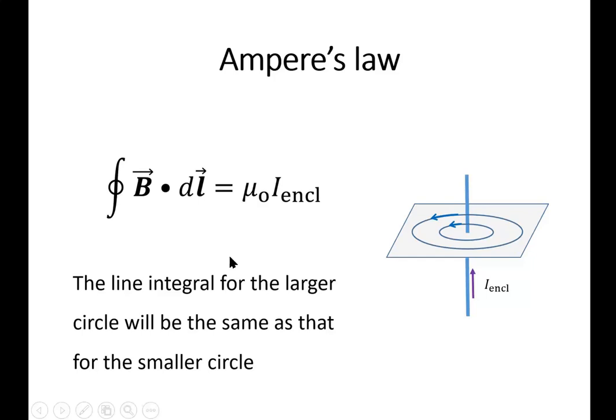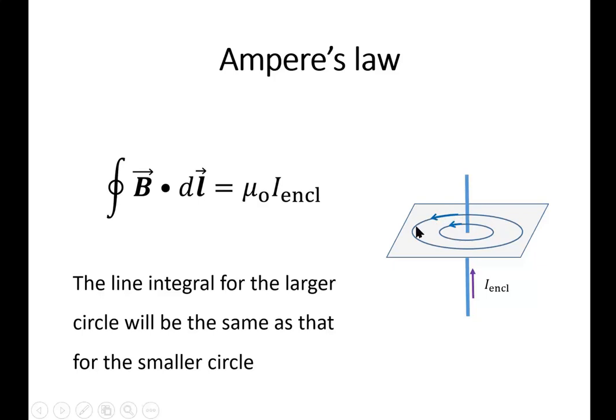A very important thing you should realize about this law is that it doesn't matter the radius of the magnetic field loop. If it is small, we can still divide it into small segments and find the magnetic field at each point, and then find the dot product at each point and add them together.